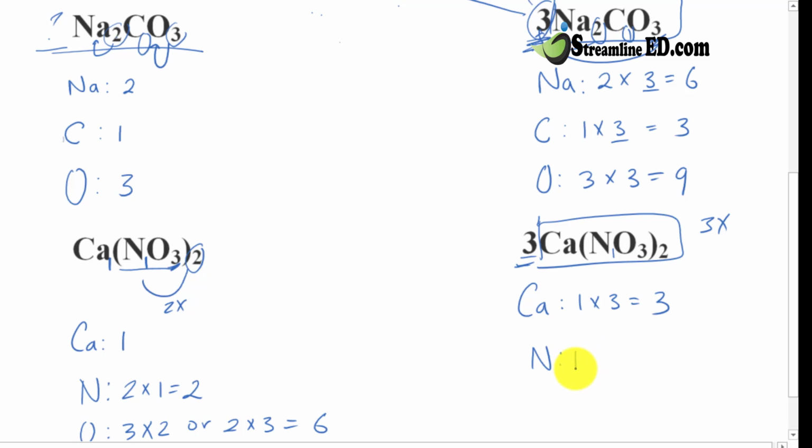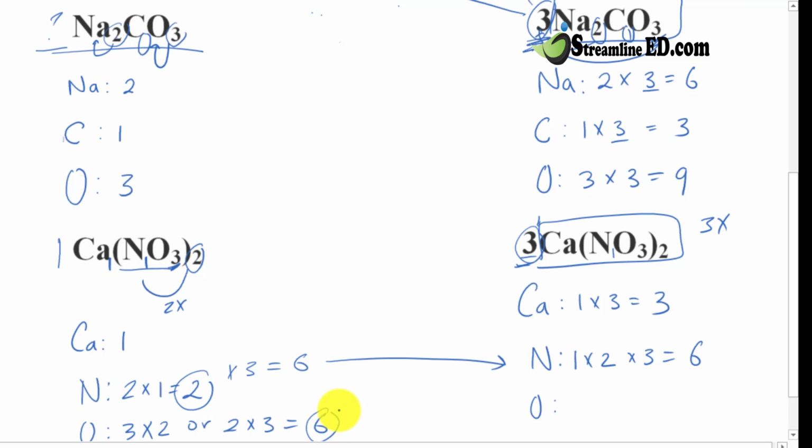So we have 1 times 2, but there are 3 of them, so we have to multiply by 3. Gives us a total of 6. You see how that works? See right here? 2 for each one of them, and if we multiply by 3, that gives us 6, which is what we have here.